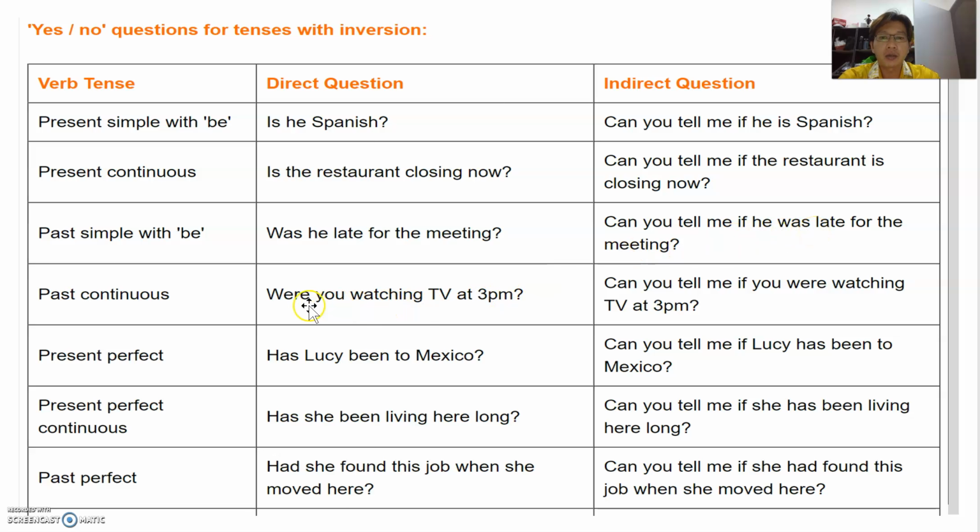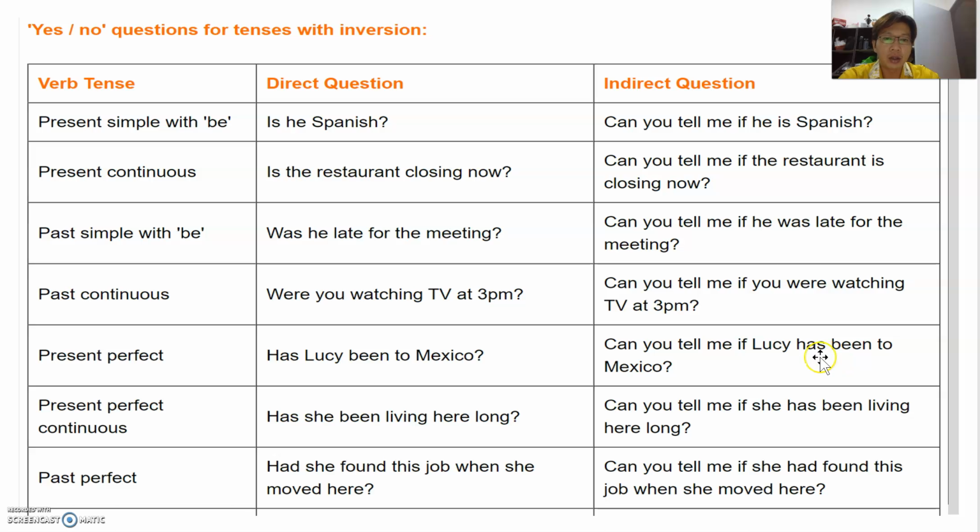Another example. Were you watching TV at 3 p.m.? Okay, indirect question. Can you tell me if you were watching TV at 3 p.m.? Okay. Has Lucy been to Mexico? Can you tell me if Lucy has been to Mexico? Okay. We change the order has Lucy to Lucy has.